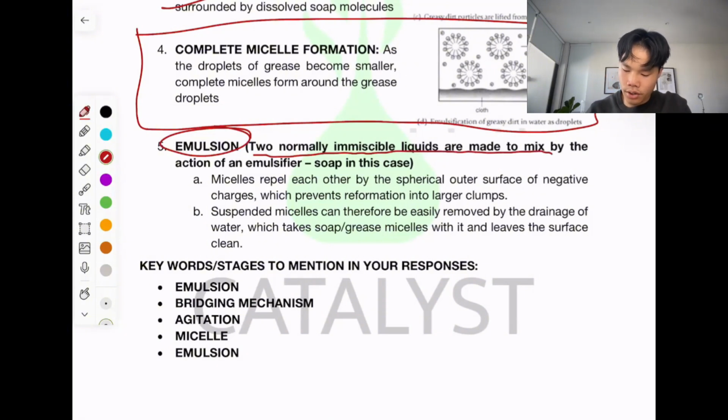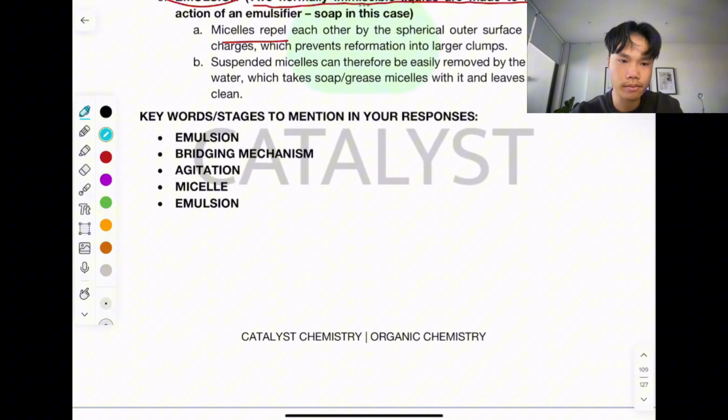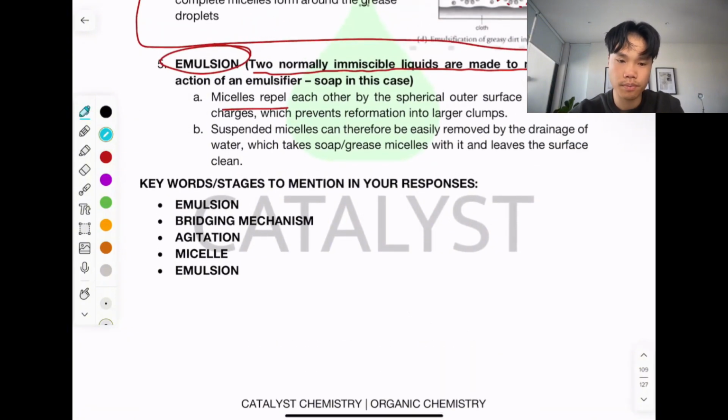The micelles repel each other because there are negative charges on all of the carboxylate heads, and this prevents them from reforming clumps. And so the suspended micelles can then be rinsed off, by rinsing your plate or whatever you're cleaning. Any questions on the mechanism?